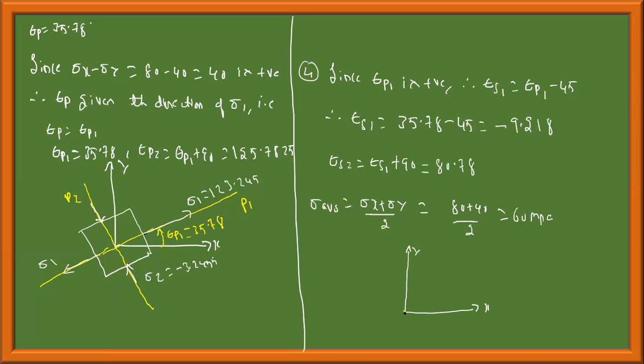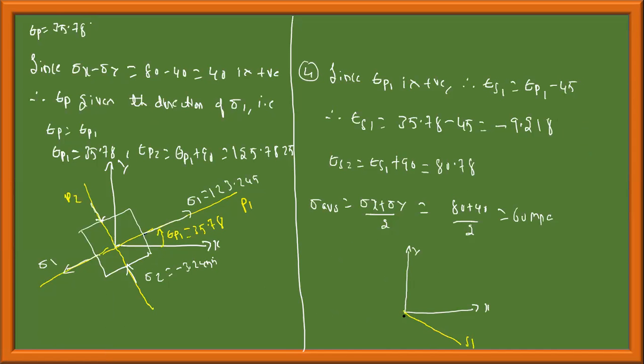I will just draw a line at minus 9.28 as the S1 plane, and I will continue like this, and perpendicular to this will be your S2 plane. This is theta S1 is equal to minus 9.28 degree. And these two will be perpendicular. Obviously, this will be 80 point something.